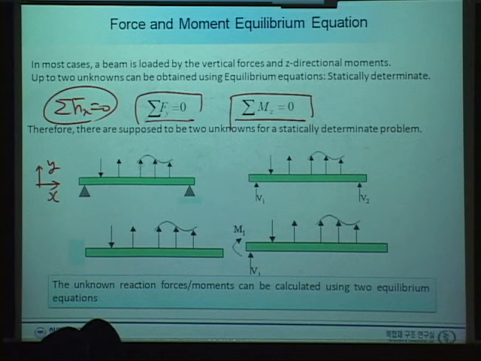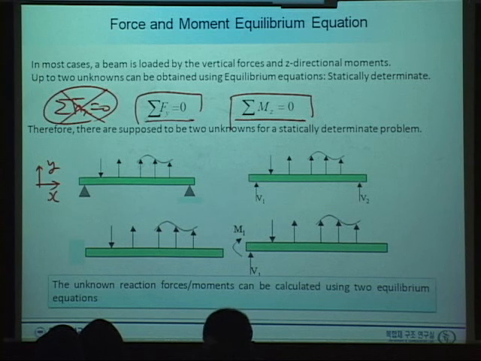In the beam case, the x-directional force equilibrium does not give us any information, which means that we have 2 equilibrium equations. So how many unknowns can we solve just by using this force equilibrium? Well, we can solve 2 unknowns.